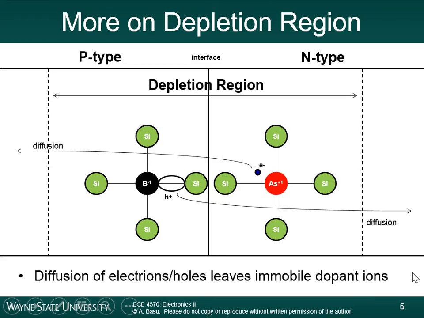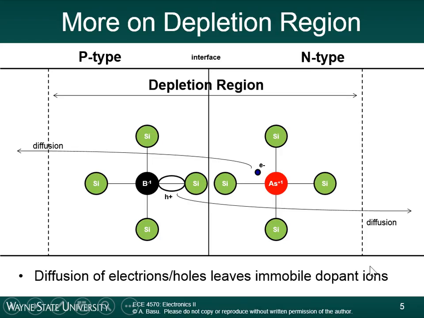Okay. The difference between electrons and holes is that they are movable charges. They can diffuse, they can drift, and so on. But these charges here are immobile. This arsenic atom is actually bound to the silicon atoms around it by covalent bonds. Similarly, this boron nucleus is bound to the other silicon atoms with covalent bonds.